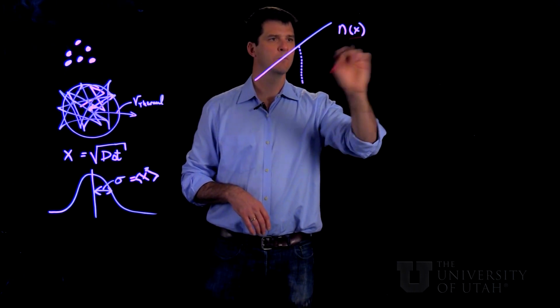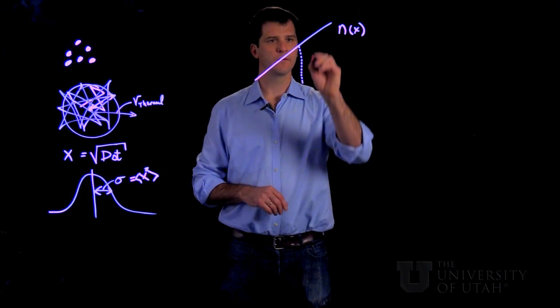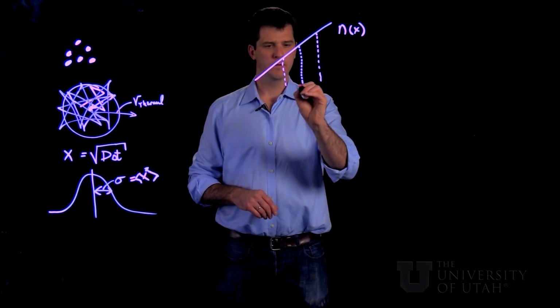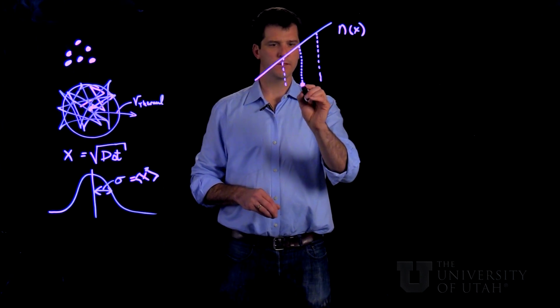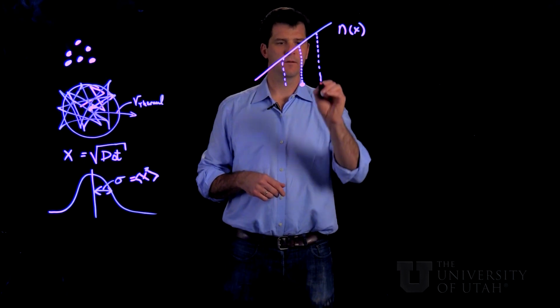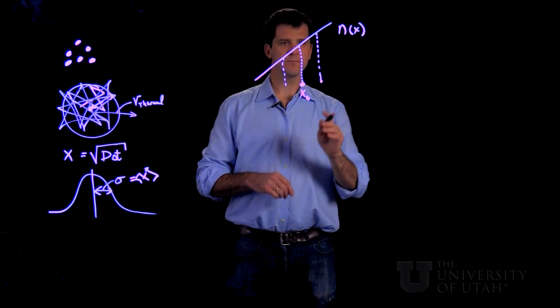So the number density of electrons per cubic centimeter is changing versus distance. We'll ask the question about what the particle fluxes are coming to a certain position x naught.